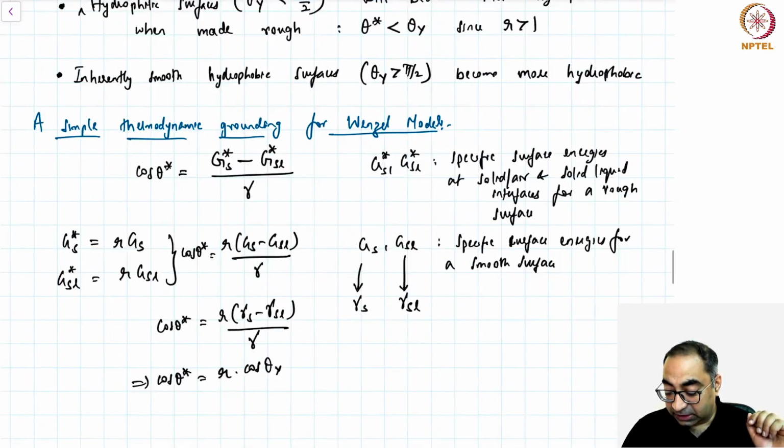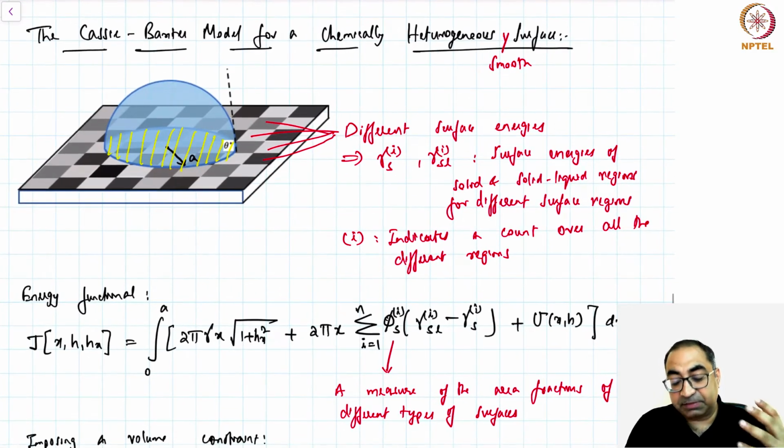Now we applied the same idea even to surfaces with chemical heterogeneities, but now we need to also take into account the fact that the surface energies themselves can be different at different parts of the surface, and therefore that goes into the energy functional.